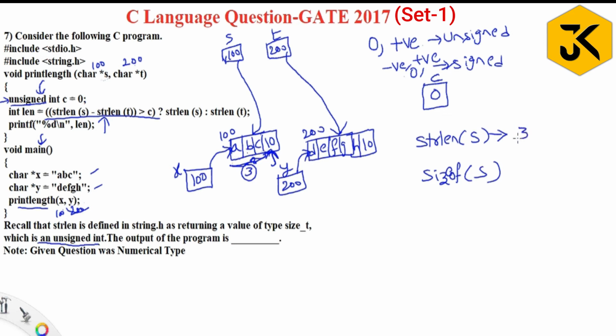String length of s is 3. What about size of s? Size of s also considers the null character, so it returns 4. That is the difference you want to understand.